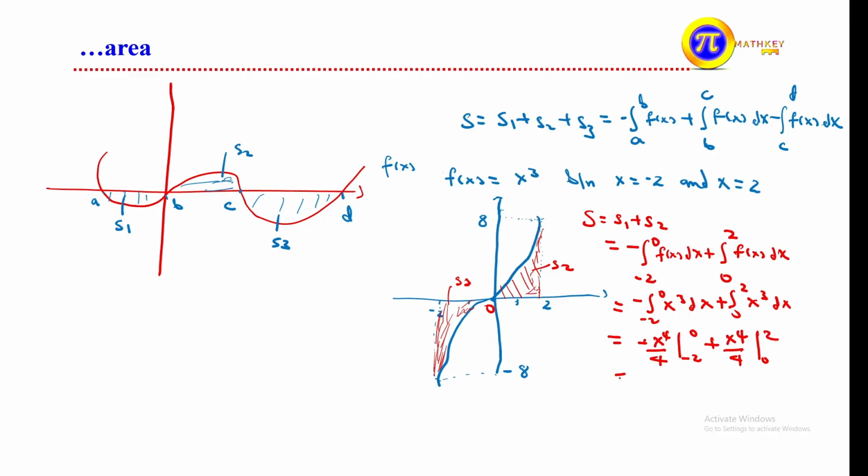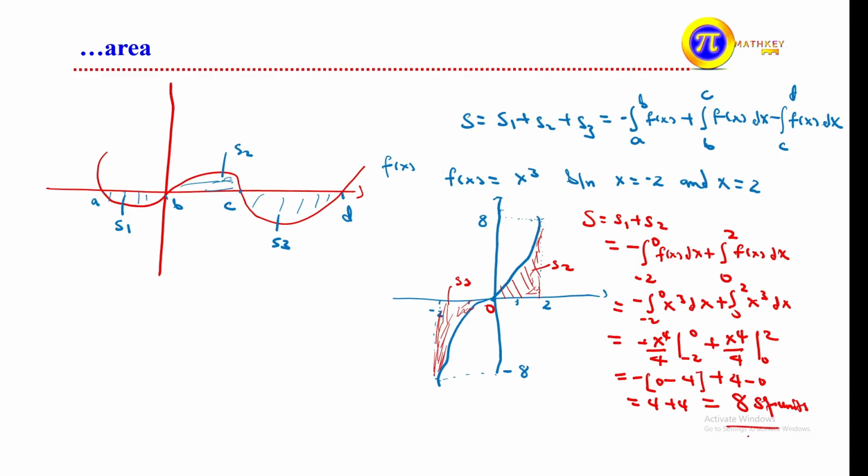That equals negative of 0 minus negative 2 to the power of 4 over 4, which means minus 4, plus when we insert 2 here we have 2 to the power of 4 over 4, that is 16 over 4, which is 4, minus 0. Then the result is negative 0 minus 4, then negative 4 times negative 1 is 4, which equals 4 plus 4. The area for this one is 8 square units.